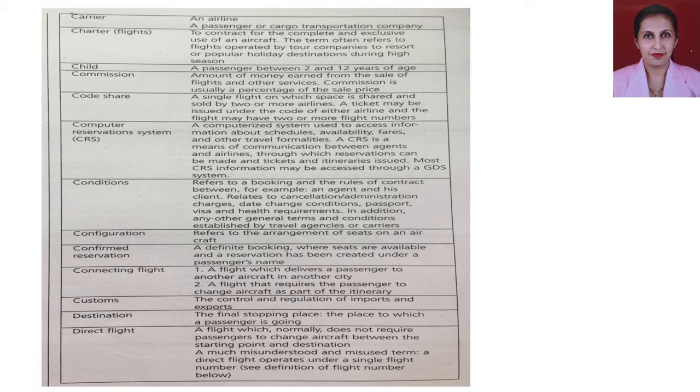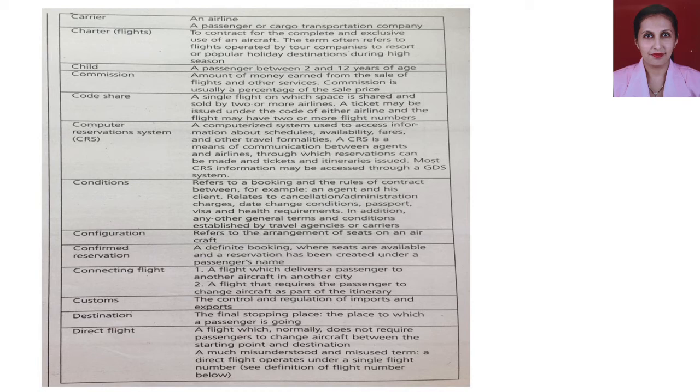Means whatever items are being imported from other countries, and whatever items are being exported to other countries, how much are allowed, how much can be exported, what is not allowed, what are the criteria, what are the limitations, what are the chances of bringing it and not bringing it. All this is taken care of by the customs department. Okay, so the government organization that controls the imports and exports in the airport, that department is known as customs.